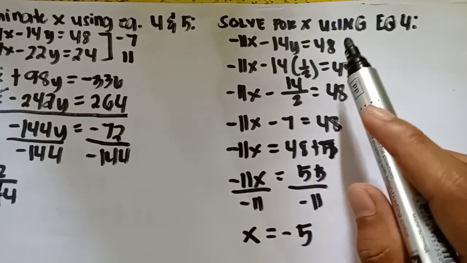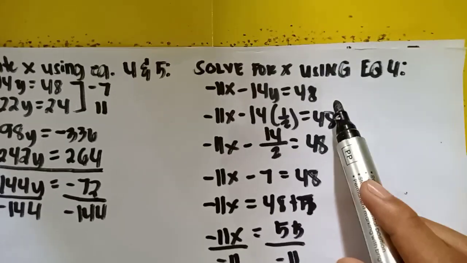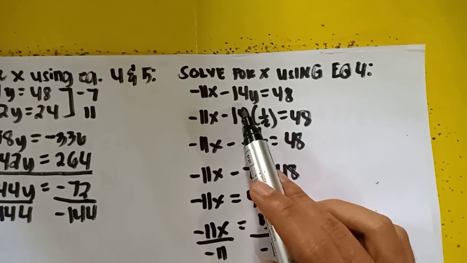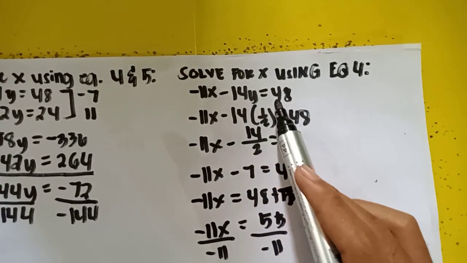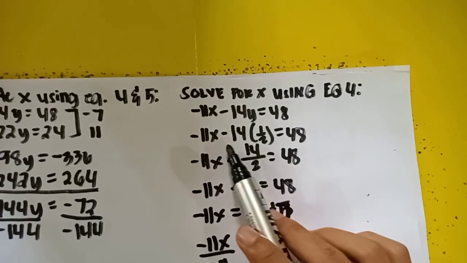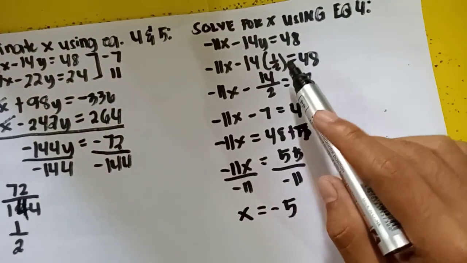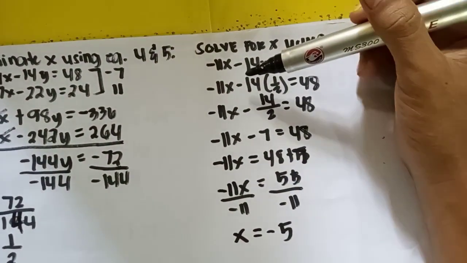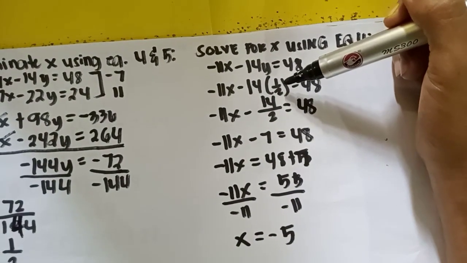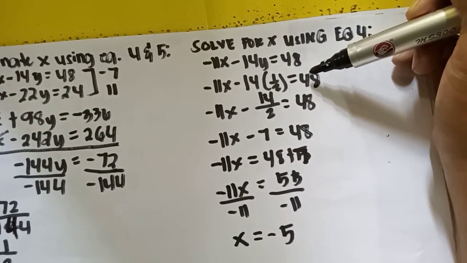Then the next step, we will solve for x using equation number 4. So we have here negative 11x minus 14y equals 48. So this is our equation number 4. We will just substitute the value of y, which is 1/2, for the variable y. So negative 11x minus 14 times 1/2 equals 48.